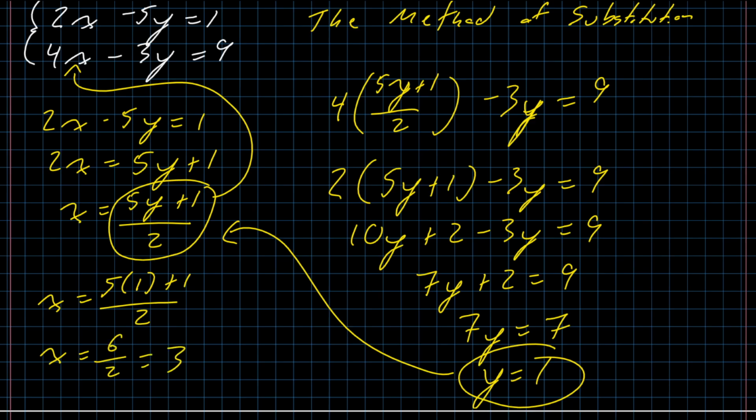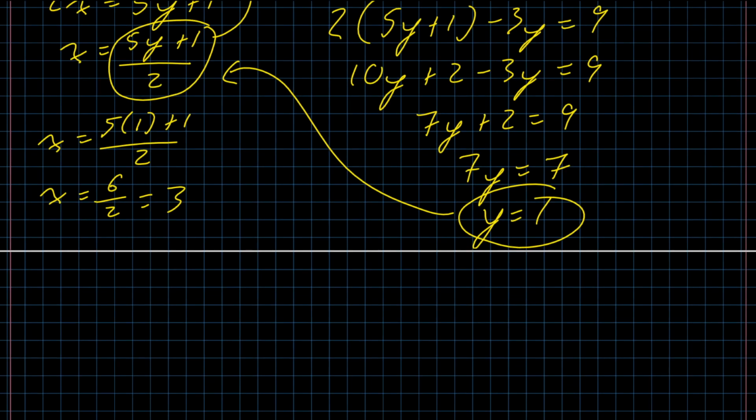And that gives me that x is equal to 3. Finally, I will write my solution as an ordered pair. The x-coordinate is 3, the y-coordinate is 1. My solution here is the ordered pair (3, 1).